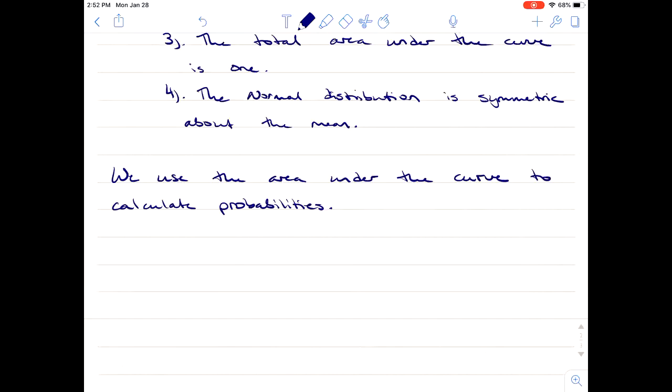Just to give you a heads up of where we're going. But what I want to do first is give you a rough guideline, an approximation for quickly finding areas under the curve without using the table. I actually think using the table is a little bit archaic. Our phones can do it, R can do it.